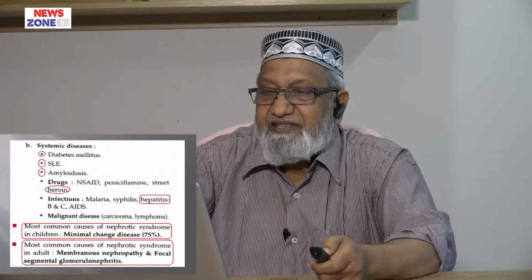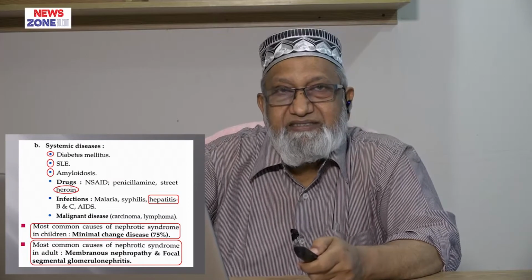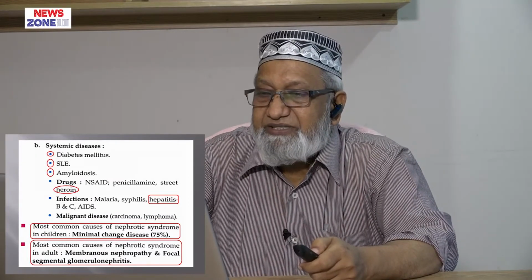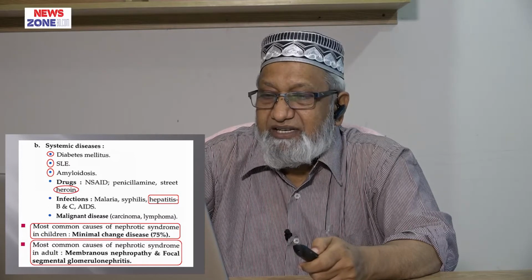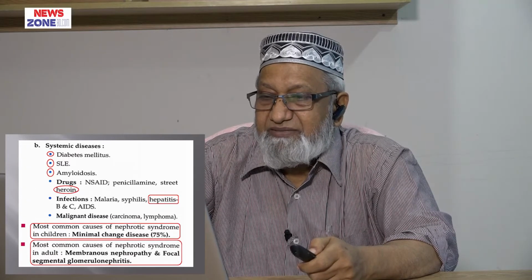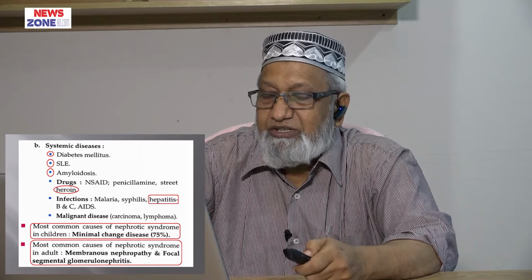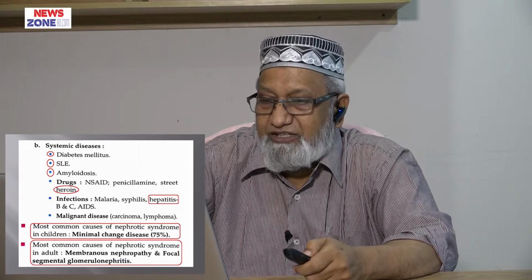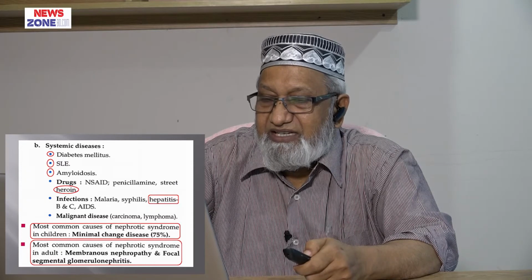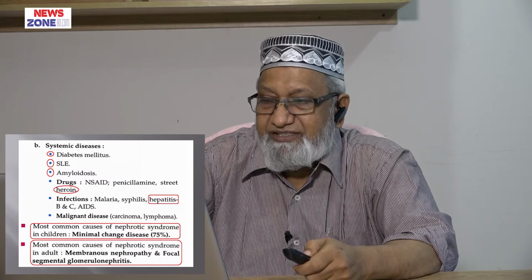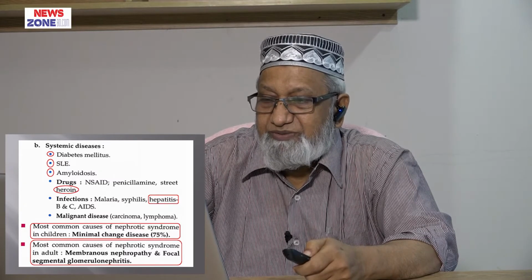Systemic disease: diabetes mellitus, SLE, amyloidosis. Sometimes heroin users, that is drug users, also develop nephrotic syndrome. Hepatitis A and B also cause nephrotic syndrome.